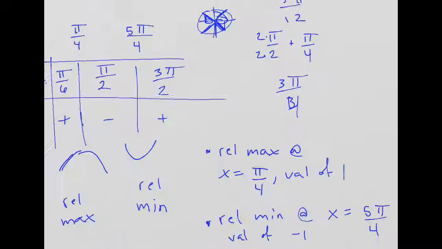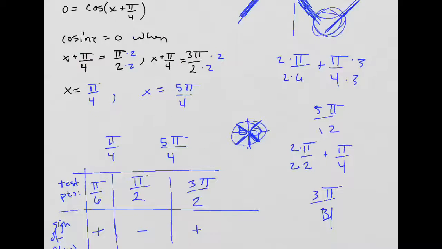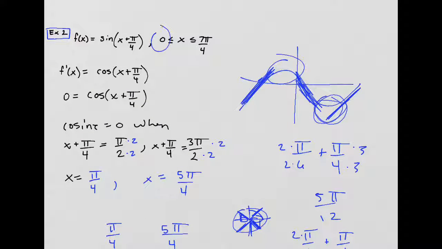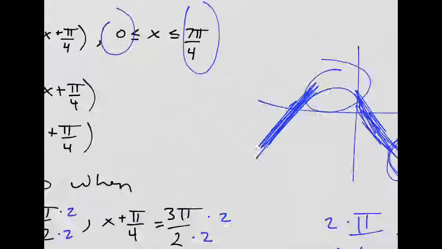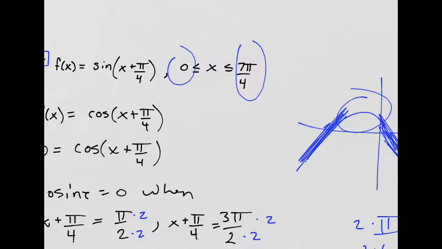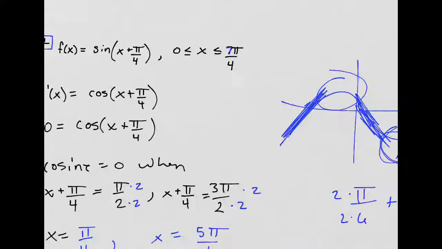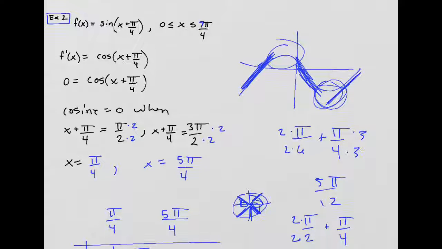So those are two parts of my answers, but I want to check to see if they're absolute maximums or minimums. If they're the absolute maximums or minimums on this interval, then when I plug in 0 and when I plug in a weird looking, oh no, that's 7 pi over 4. When I plug in those, I already know that I can't get something higher than 1 or lower than negative 1 because this is sine.